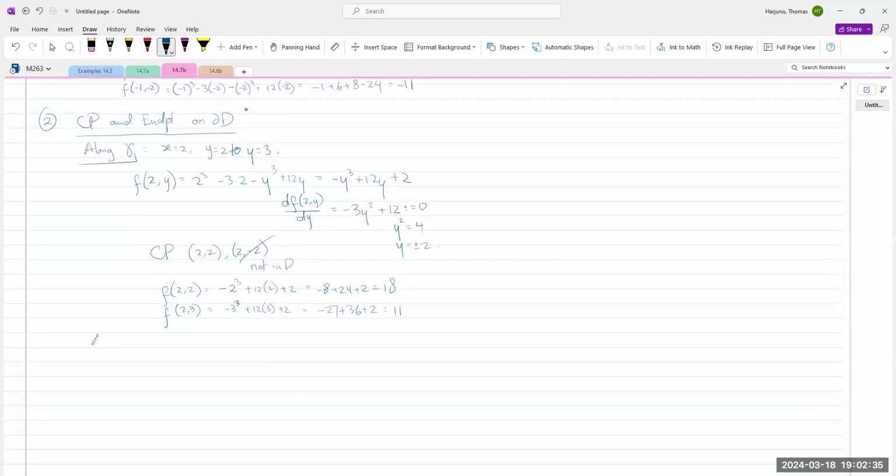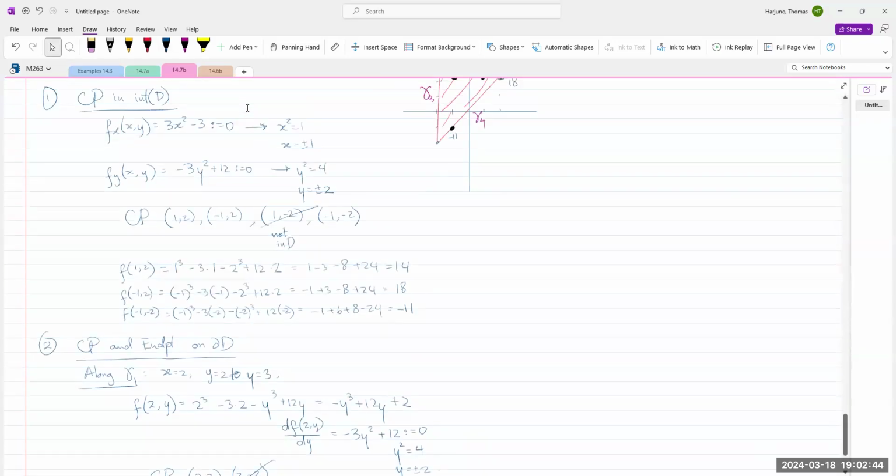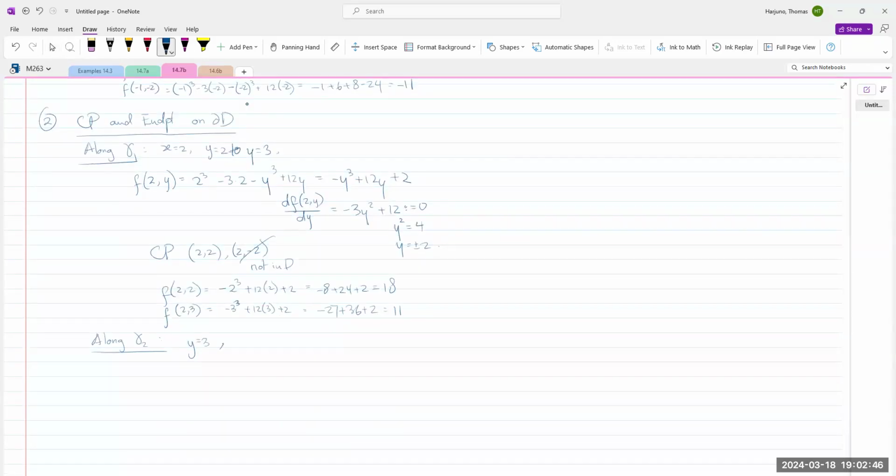Okay, now along gamma 2, that's when y equals 3, as I remember. Right? The y equals 3, but the x is from negative 2 to 2. So f at y equals 3 will be, what is my equation again? That's x cubed minus 3x minus 3 cubed plus 12 times 3. That's x cubed minus 3x minus 27 plus 36 plus 2.